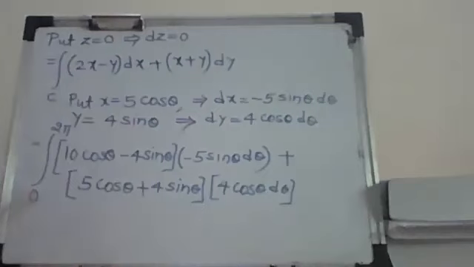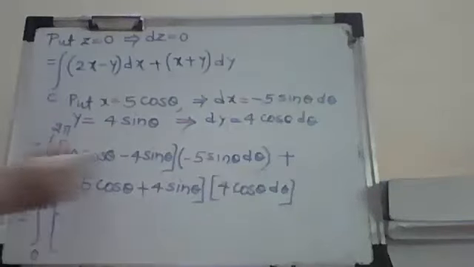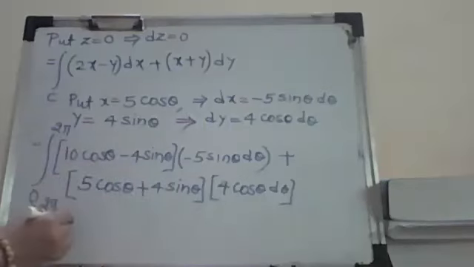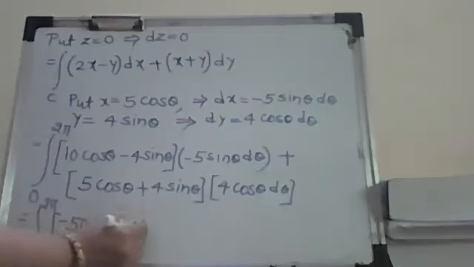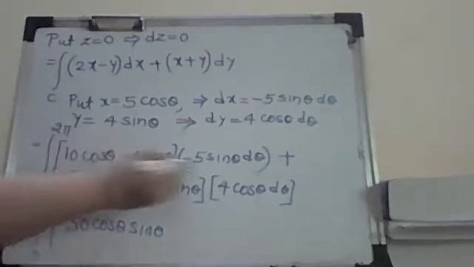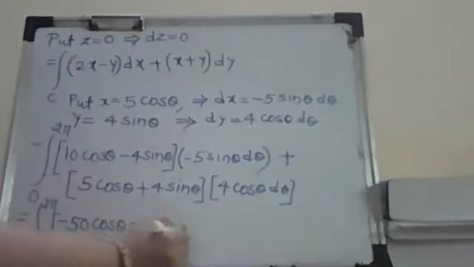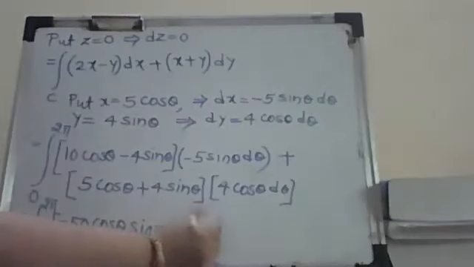So we just multiply it inside by this term. You can see that it is 0 to 2 pi, and I take out d theta outside. This is 10 5s are, that is minus 50 cos theta sin theta. Then 4 5s are 20, so it is 20 times sin square theta.